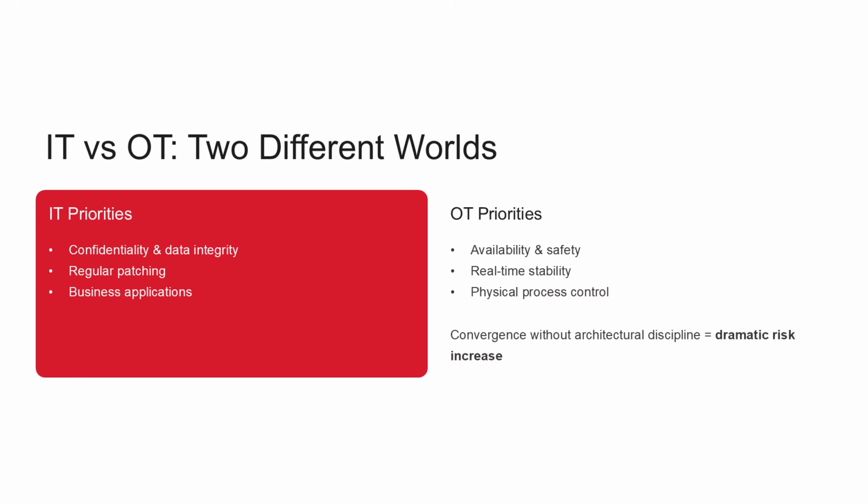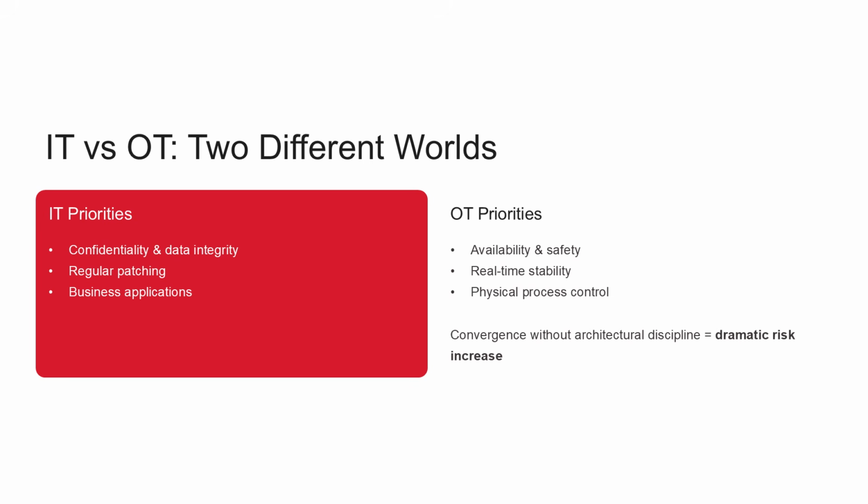OT systems are designed for monitoring physical processes, controlling machinery, managing industrial equipment, real-time operational stability. IT prioritizes confidentiality and data integrity. OT prioritizes availability and safety.